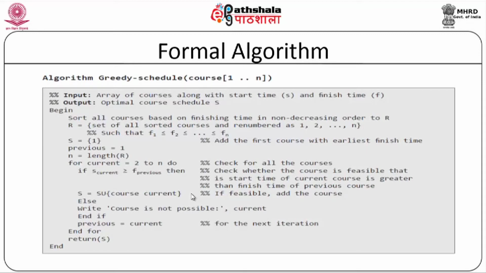We are considering the starting time and finishing time. If the starting time is greater than the finishing time of the previous task, then we consider that particular course, otherwise that course is not possible. When we come out of this loop, we have a schedule that we can call the optimal schedule.